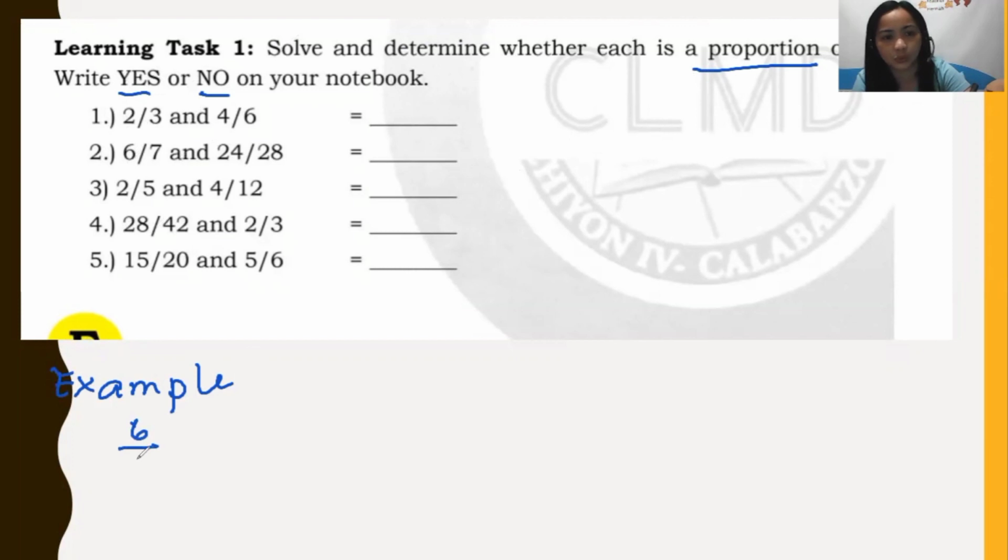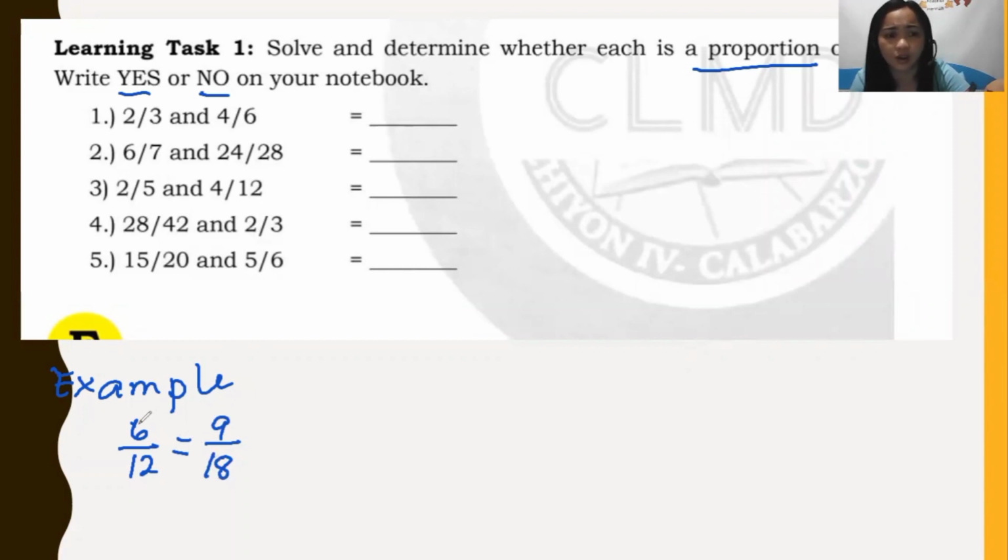6 is to 12 and 9 is to 18. So, pwede mo nang alisin yung and to determine. Paano ba i-determine uli? If their cross products are equal, therefore, it is proportion.